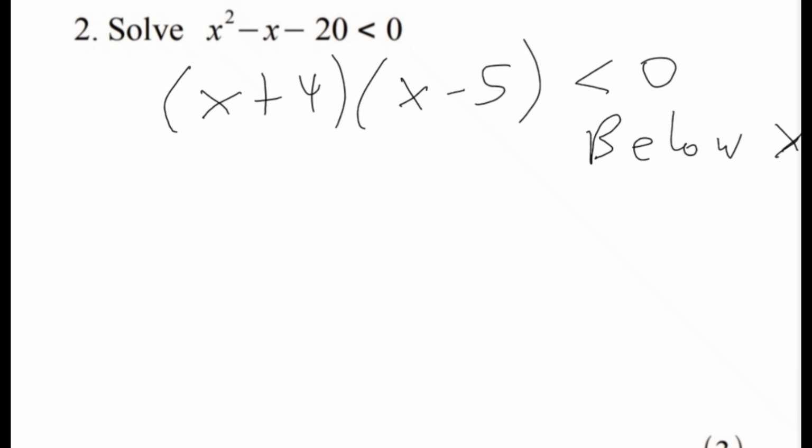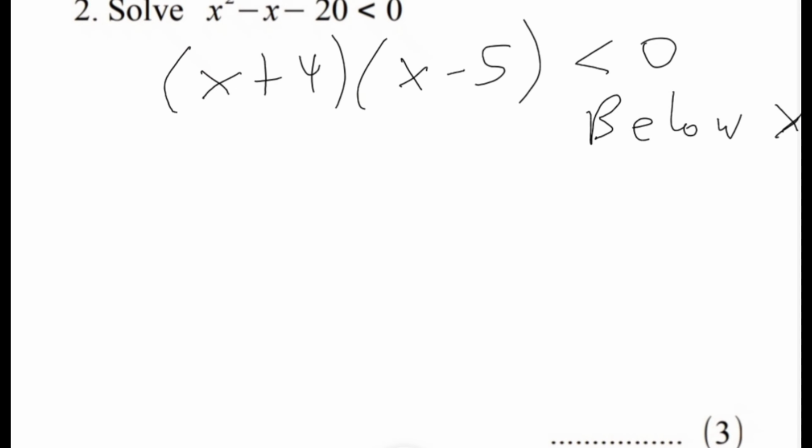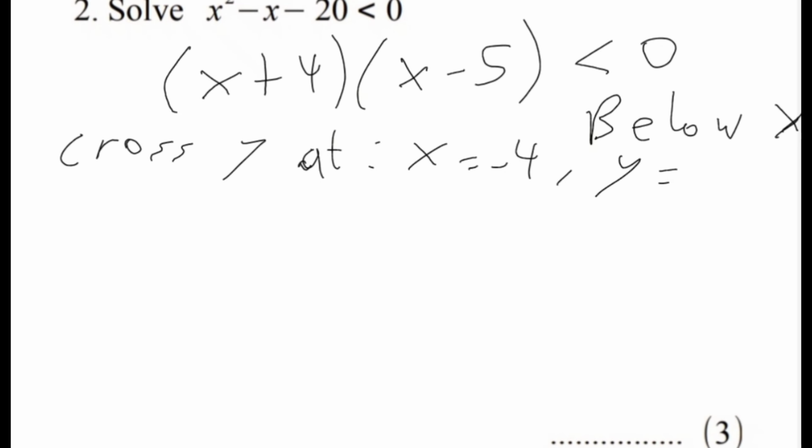So we already established that it's going to be below the x-axis. Next thing we do is write the roots, the points that it crosses the x-axis. So it crosses at x equals minus 4 and x equals 5. And you will know this through solving the equation.